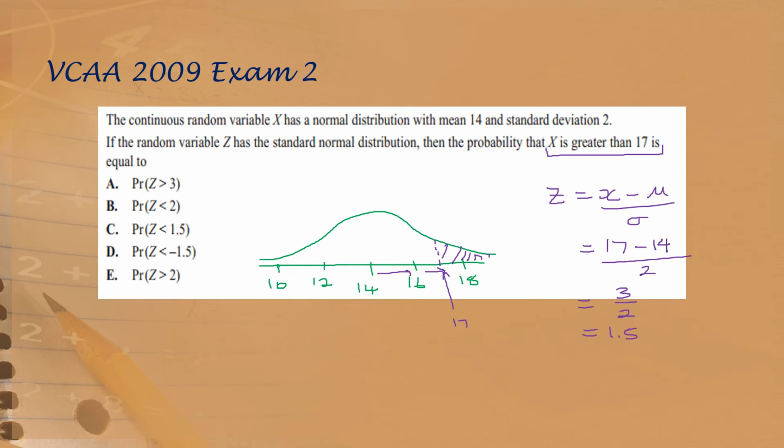So that value is the same as in the standard normal distribution, sorry about my bad drawing there, mean of 0, value of 1.5, and these probabilities are the same. So the probability that X is greater than 17, this area under here, is the same as the probability Z is greater than 1.5.